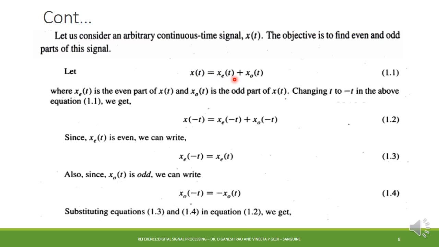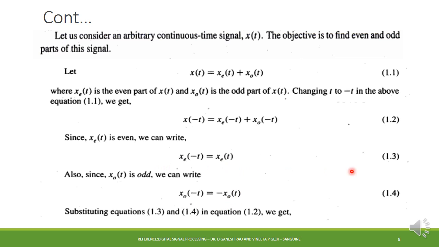In this equation, we will change t to minus t. We are going to get the equation as x of minus t is equal to xe of minus t plus xo of minus t. This is your simple mathematics. Let us call it 1.2. Next, we know that xe of t is even. We can write xe of minus t is equal to xe of t, whereas xo of minus t can be written as minus xo of t.